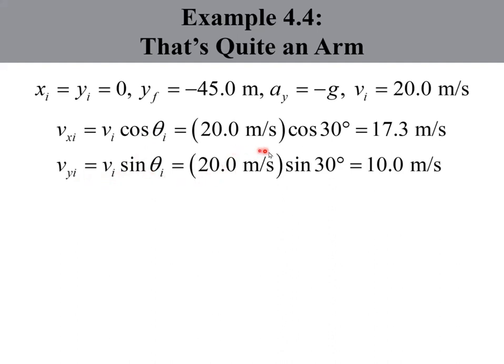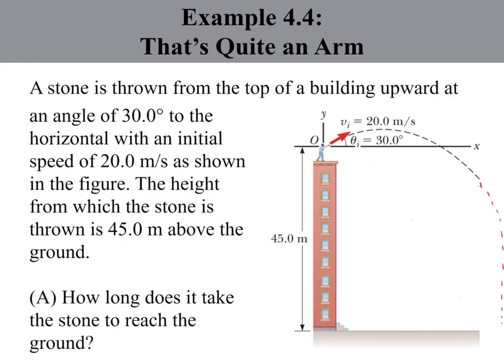Okay, so 20 cos 30 equals 17.3 and 20 sin 30 equals 10 meters per second, which means we can draw the components of the stone.